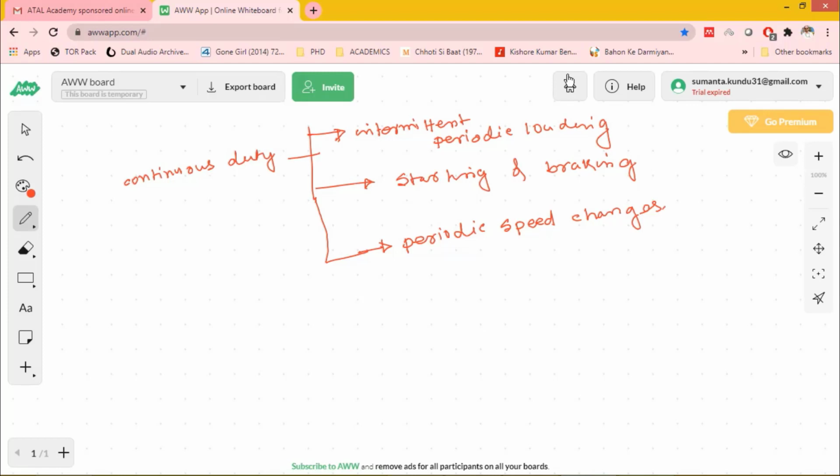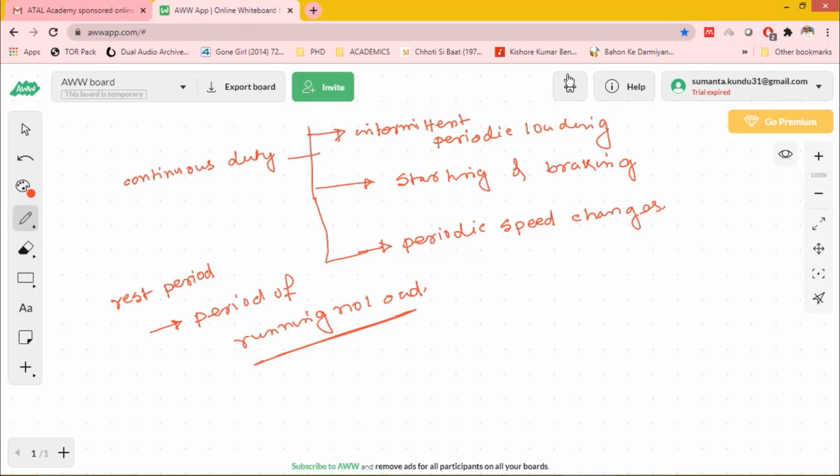Instead of that rest period, there is a period of running at no load.